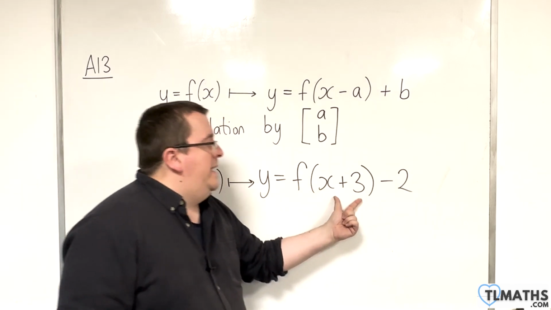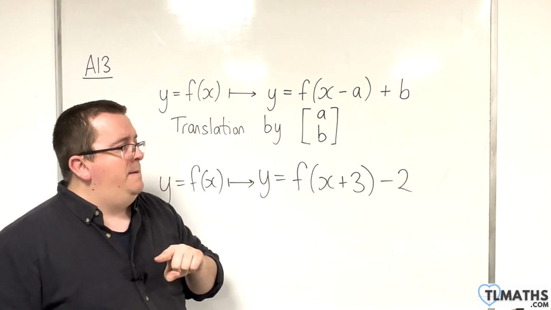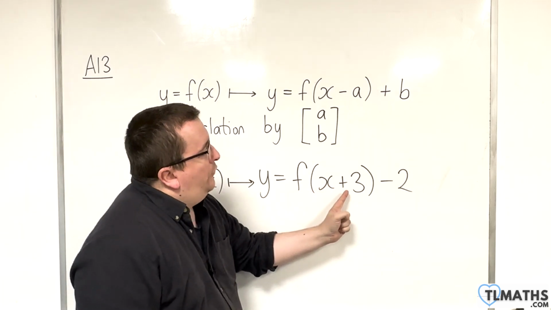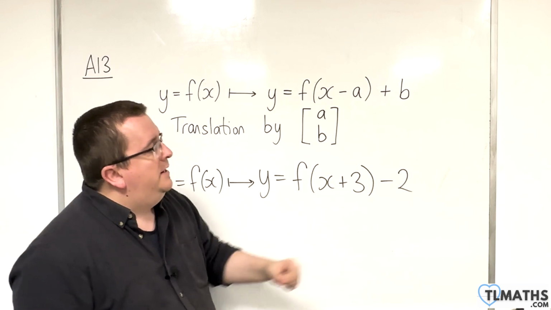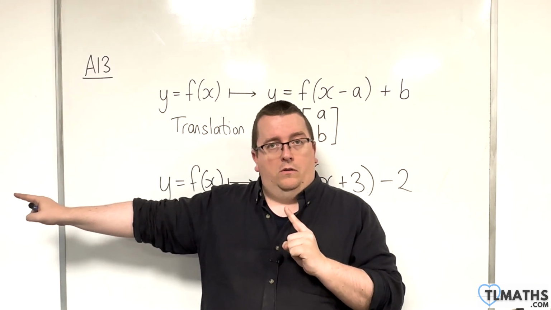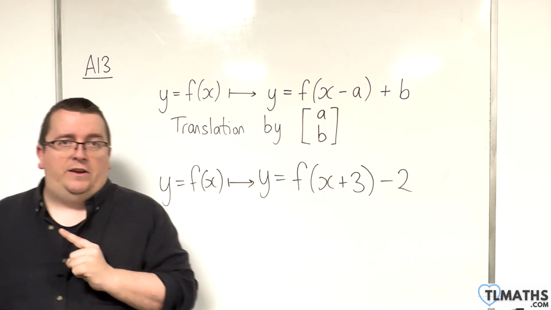The plus 3 inside the bracket is telling me it's travelling horizontally, because it's inside the bracket. And it's always the opposite to what you expect. So this is telling me that I'm moving 3 units to, well, your left, my right.